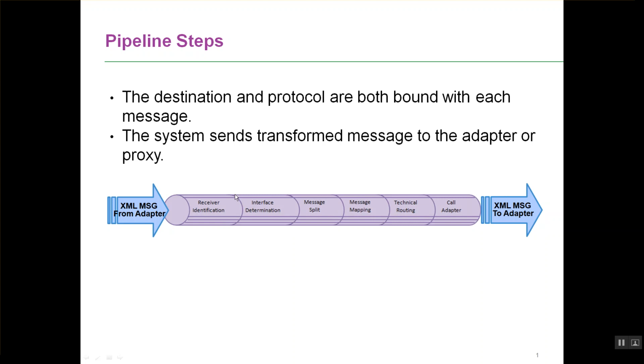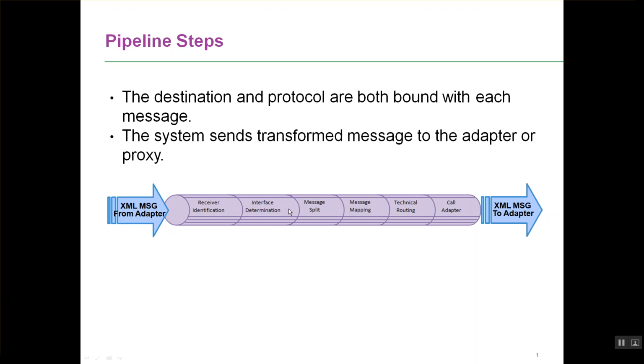Now for each receiver that has been identified, the interface determination step would get executed. If you remember, we created an object called interface determination. That object is going to get executed in the runtime, and now a message split can happen if your message has multiple inbound interfaces, or if the same message is to be passed to multiple mappings.